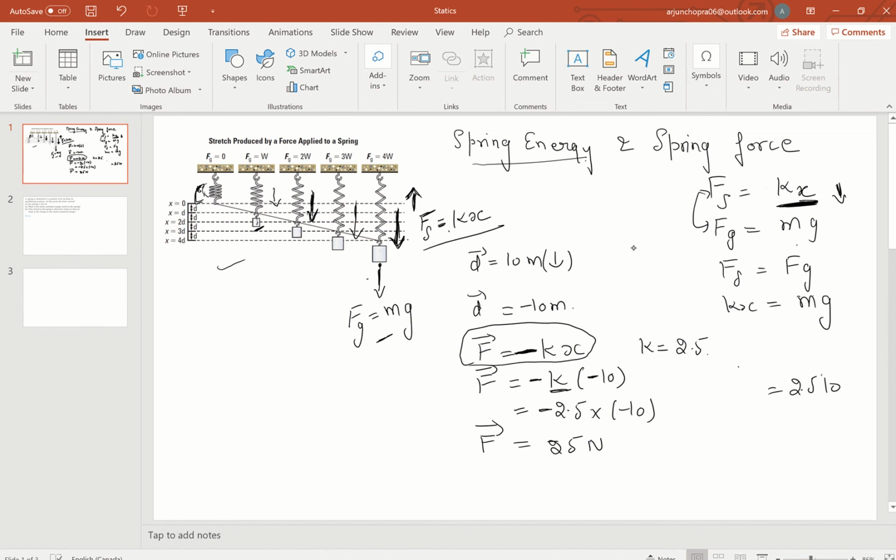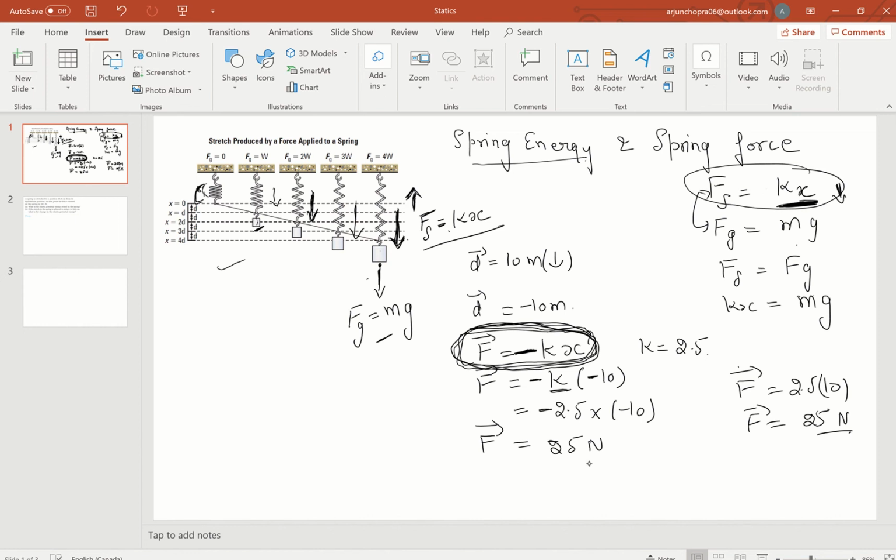So this is 2.5 times 10, which is going to give you the force. So force equal to 25 newtons. Some books use this formula, some books use the other formula. Depending upon whatever formula your book is using, you can use that formula, but I just wanted to tell you guys that it does not make any difference.